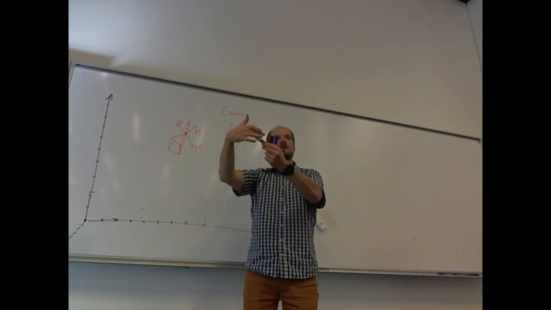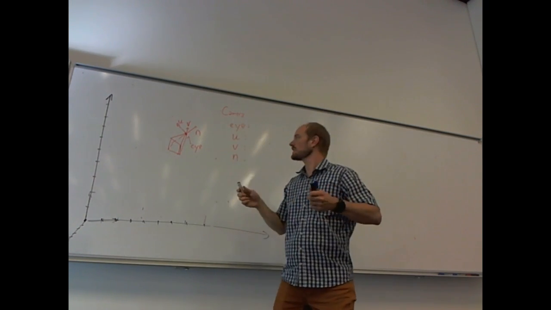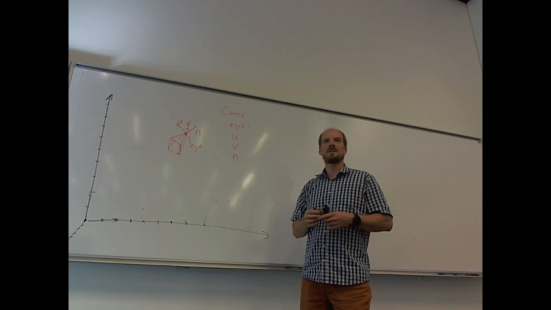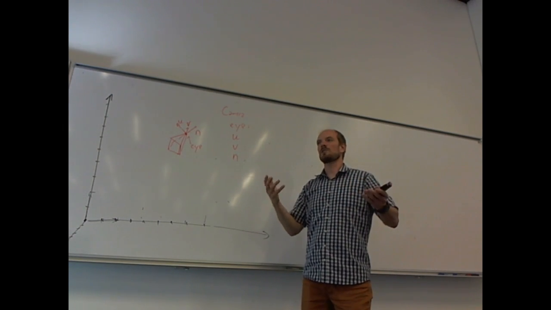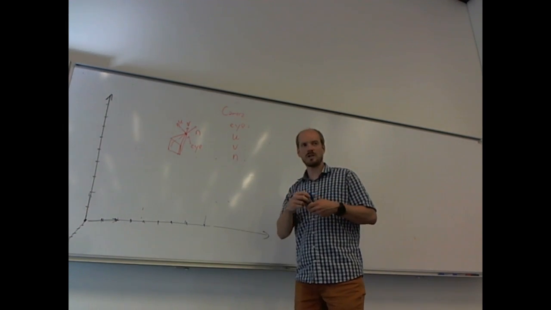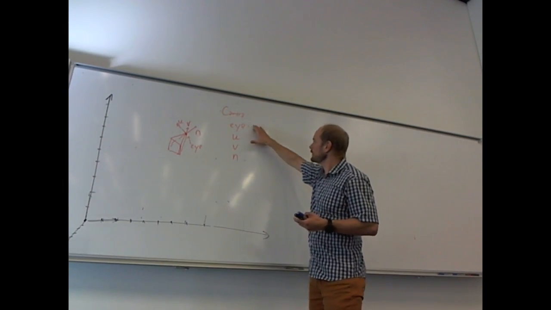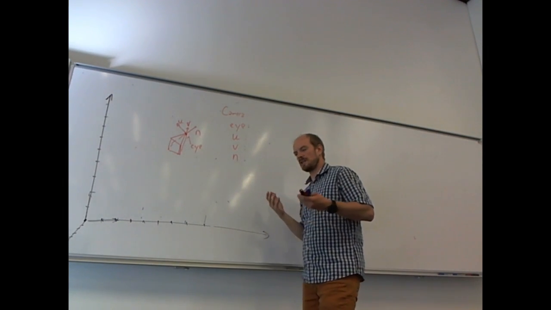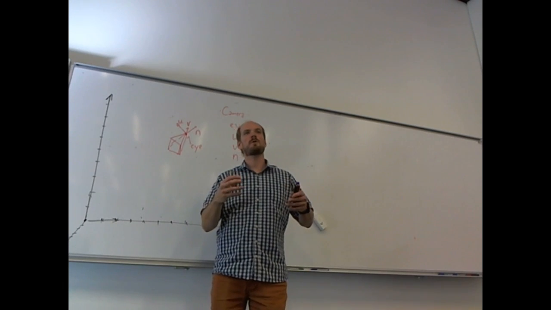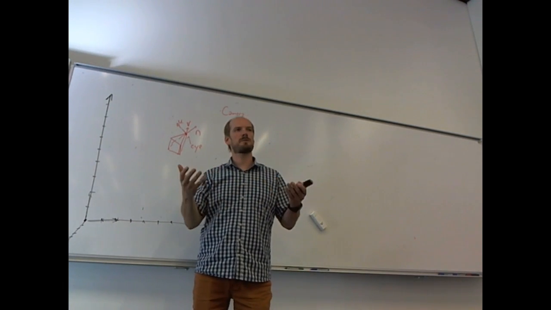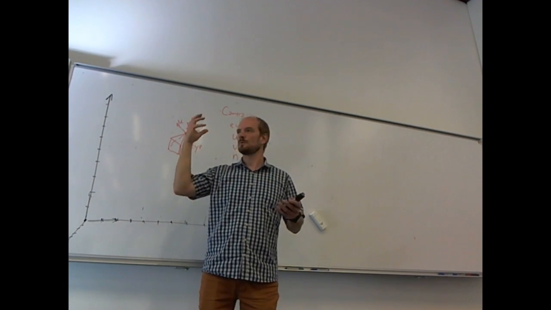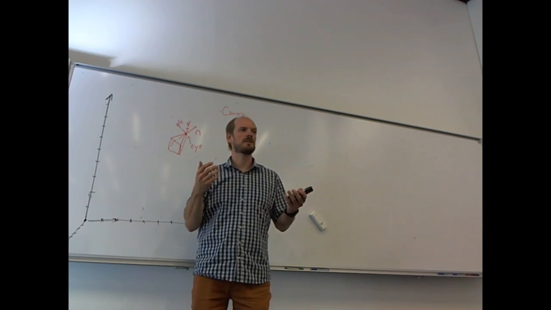Then you have to calculate the U vector, calculate the V vector. You can't expect a programmer to calculate this from scratch every single time. So what we want is a way to calculate these from something that is intuitive for a programmer or a graphics expert to think about in terms of where the camera is and where it's looking.